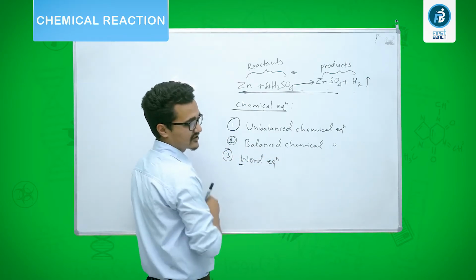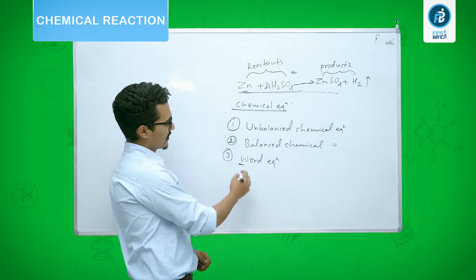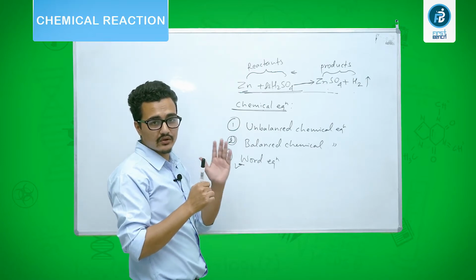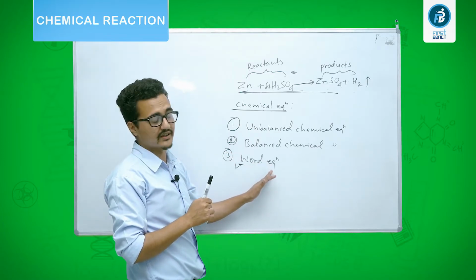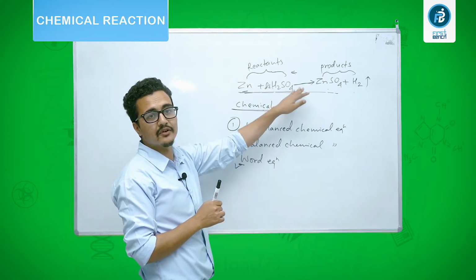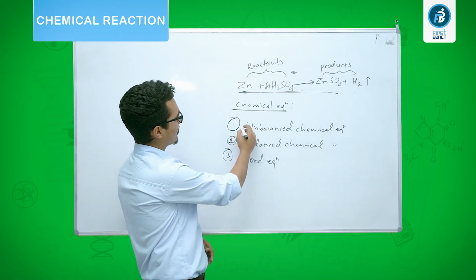Word equation. Let me define it in short. A word equation means a chemical equation which is written in word form. Here I have written in molecular structure, I have given their formula. This is unbalanced.